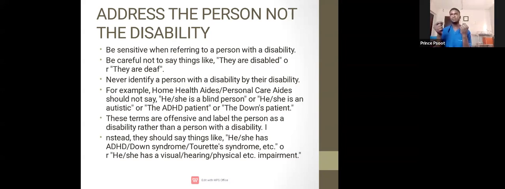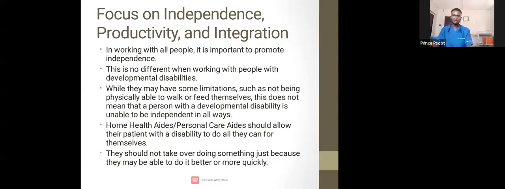That is true. But then you don't call them as the disability itself. For professional reasons you may have to mention the condition they have. You say they have this syndrome. He or she has this syndrome. He or she has a visual or hearing or physical impairment. That is still acceptable. At least it doesn't send the bad message across.